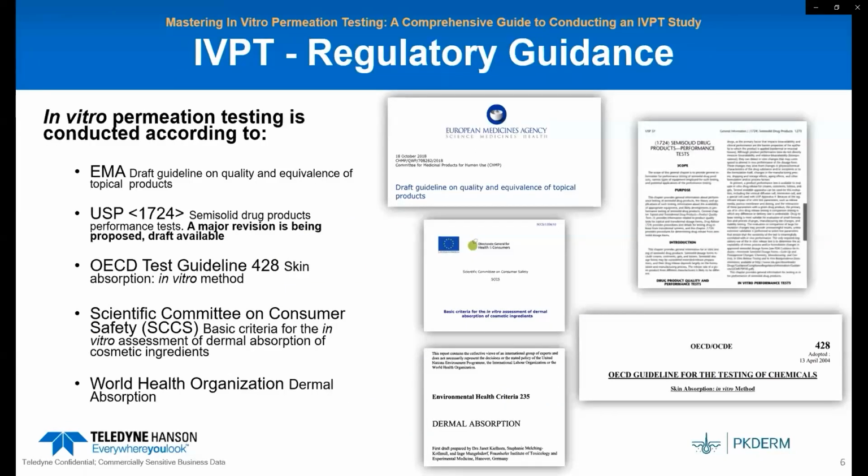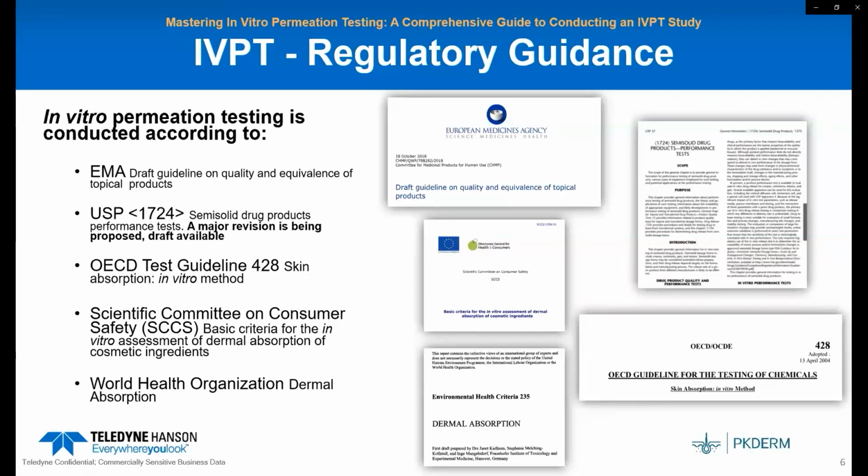In the field of in vitro permeation testing, regulatory guidance documents play an important role in ensuring that testing is conducted according to best practices and is consistent with regulatory requirements.